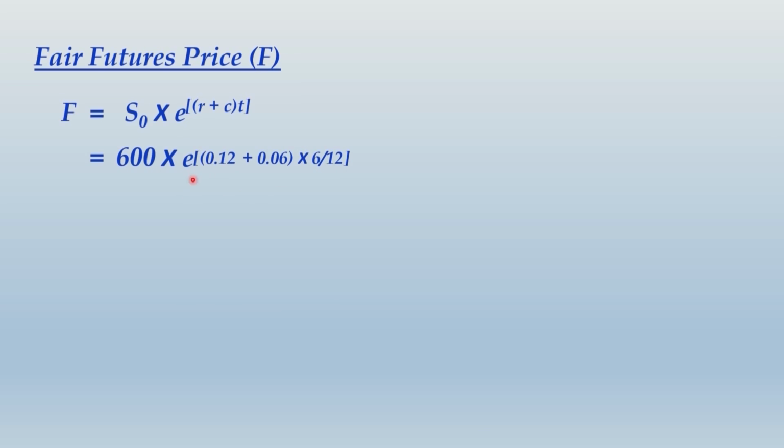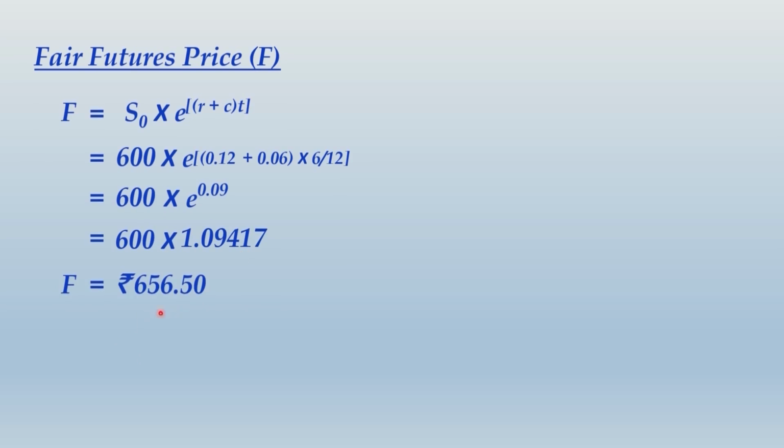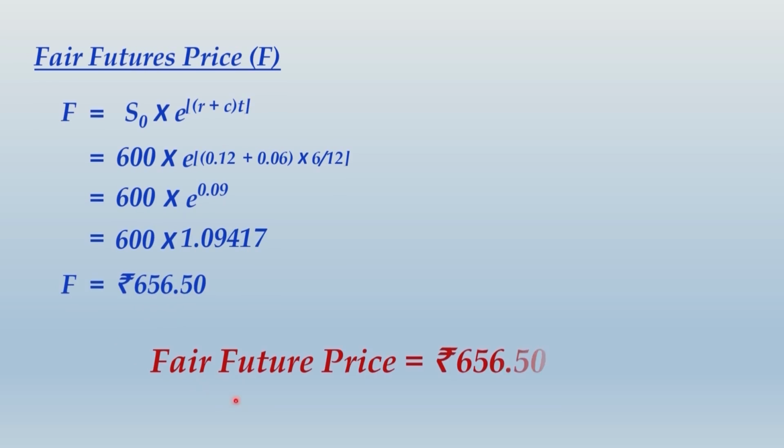So the whole thing becomes e raised to 0.09, and we get 600 into e raised to 0.09. The value of e raised to 0.09 is already given in the question as 1.09417. What you get as the fair futures price is 656.50. Once we have got this, we can formulate the arbitrage strategy.